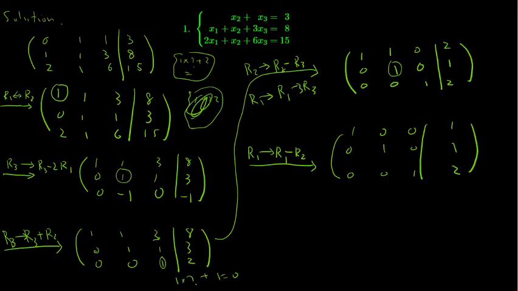That's what we meant by unique. Different people can perform different operations when creating leading ones and so on, but our final form is always the same, as long as you did everything correctly.